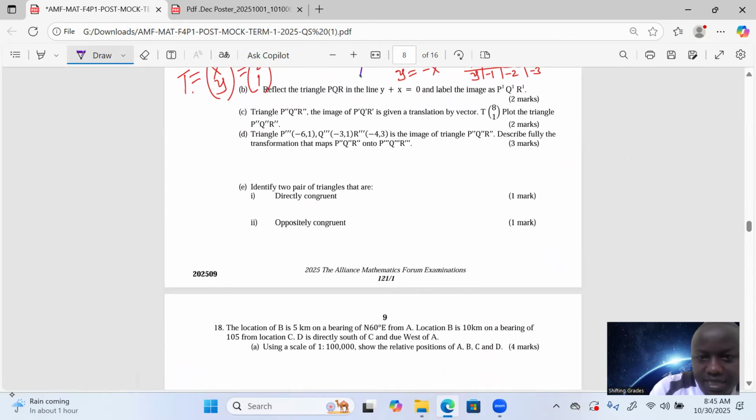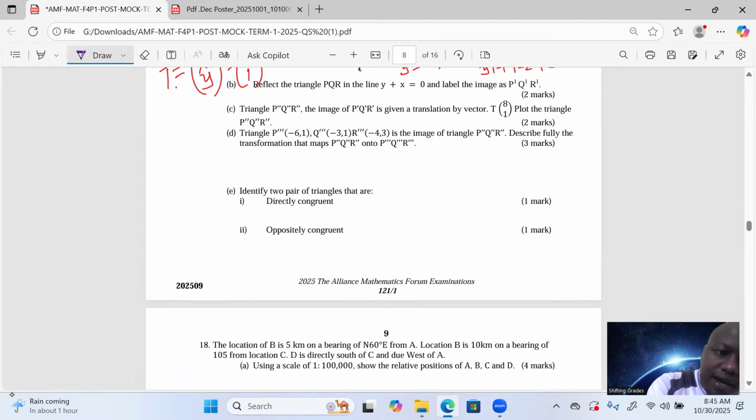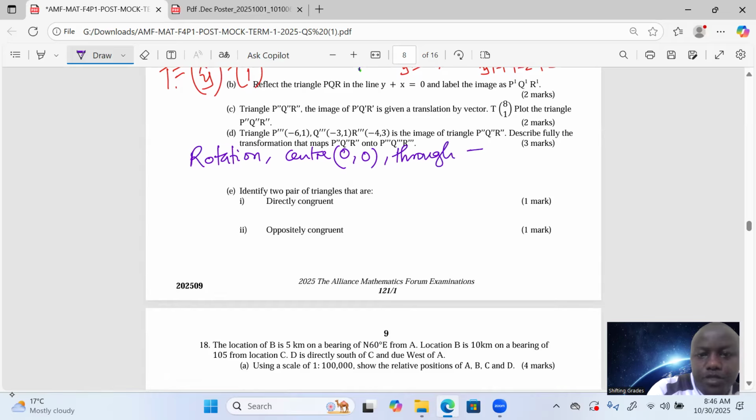this is a rotation. Center 0, 0. And the angle is positive 180 degrees.